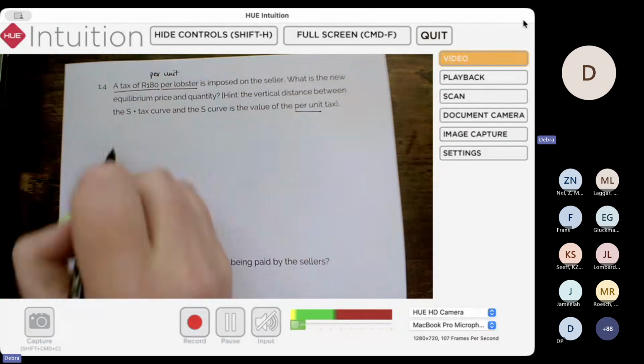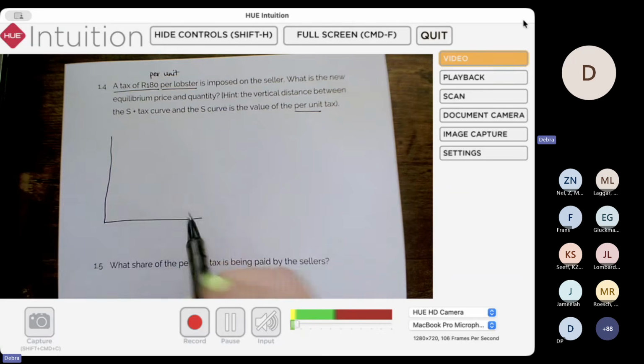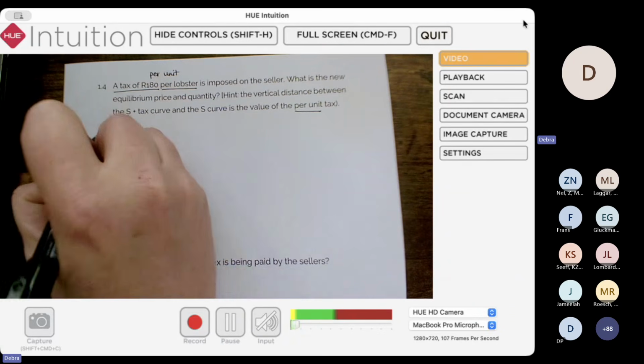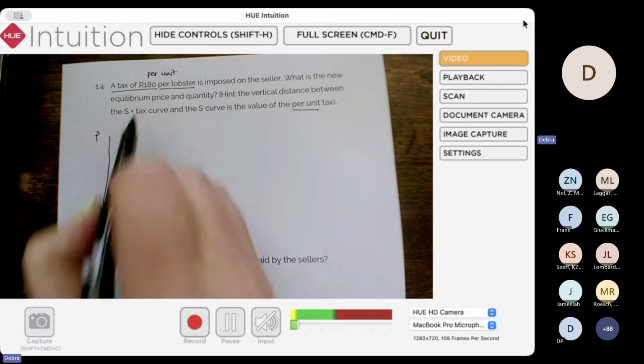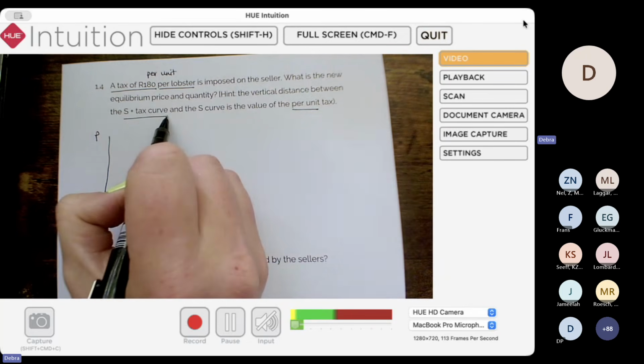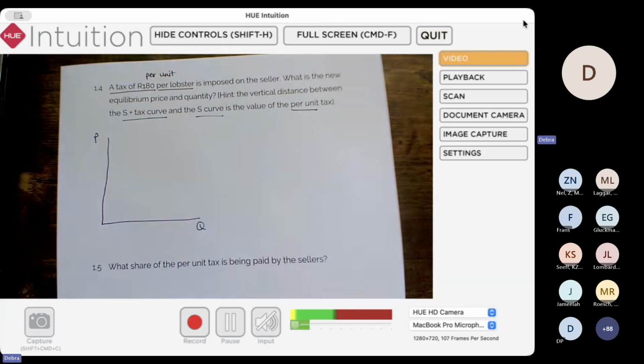So how this looks visually is we have our original price and quantity. Okay, I'm going to actually try and be a little bit more accurate in how I draw this now, just because it helps to then see how the supply plus tax curve comes from the supply curve. So how do we draw our supply plus tax curve if we have our supply curve?